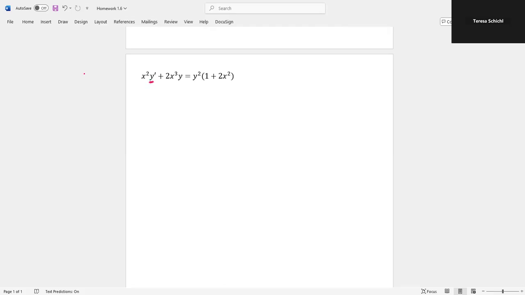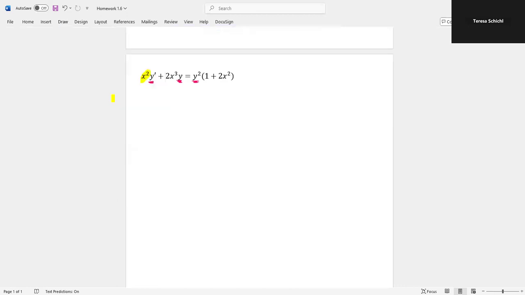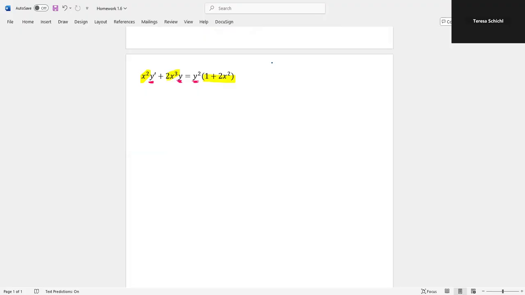We observe here this is the y prime, this is the y, and this is the y squared, and also all the constants in front of them: x squared, 2x cubed, and 1 plus 2x squared. These give us a very good hint. I think this one will satisfy the Bernoulli equation, so maybe we can try to solve it by the Bernoulli equation.